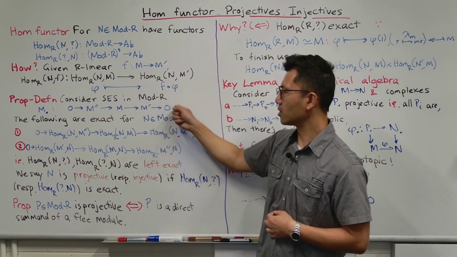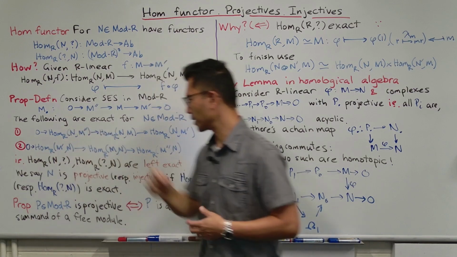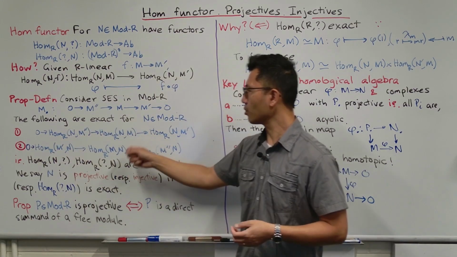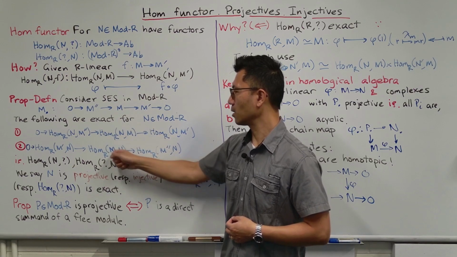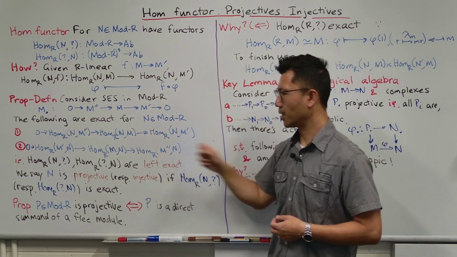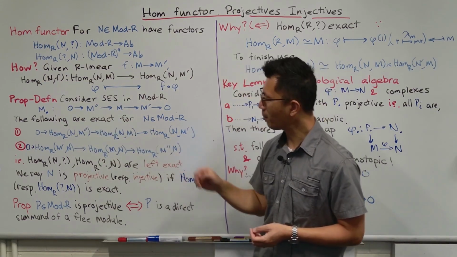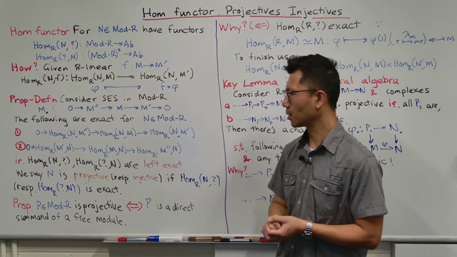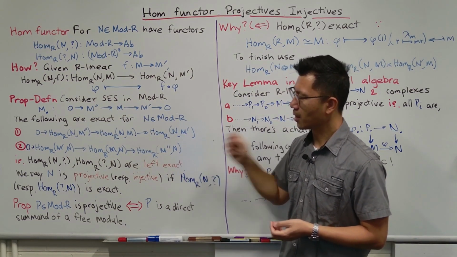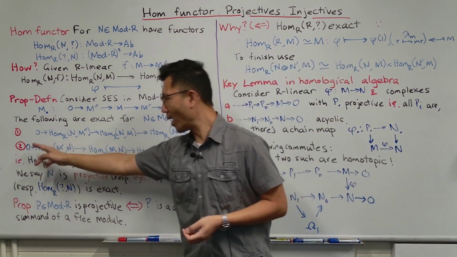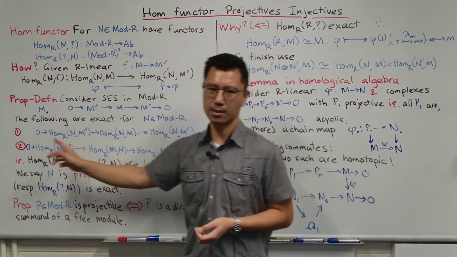And similarly, you can apply to 0, so 0 maps into here again. And then you'll have a map from Hom_R(M, N) into Hom_R(M', N). And again, we'll only apply it to this part of it, okay? And we won't do the last bit, which is the 0 here. And again, we'll find that always this will be exact.